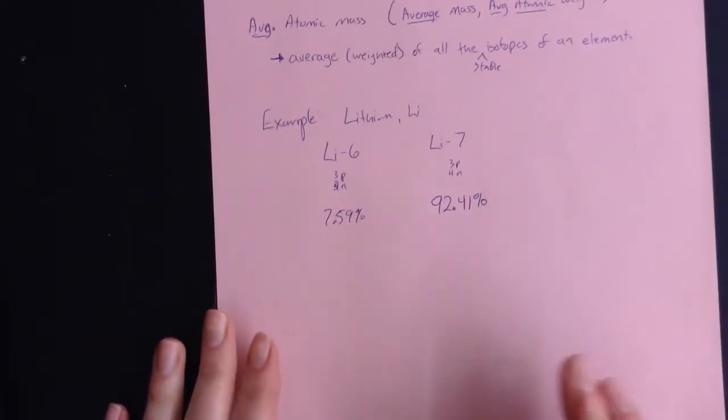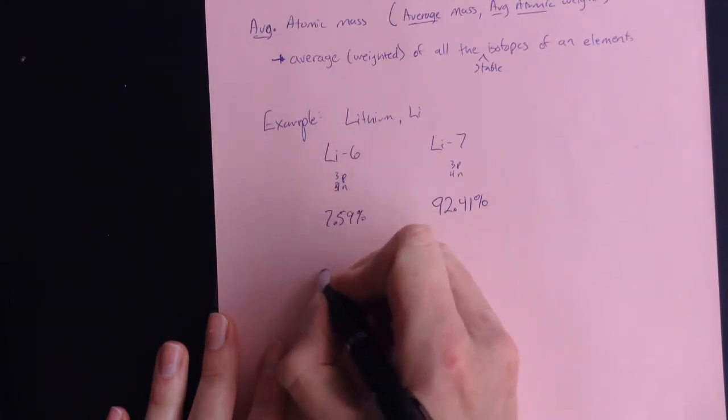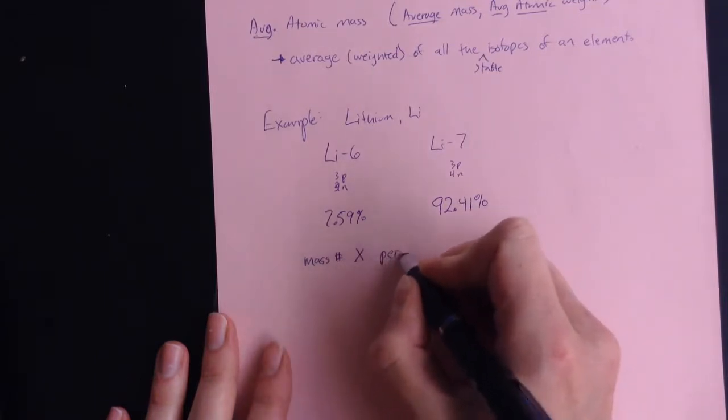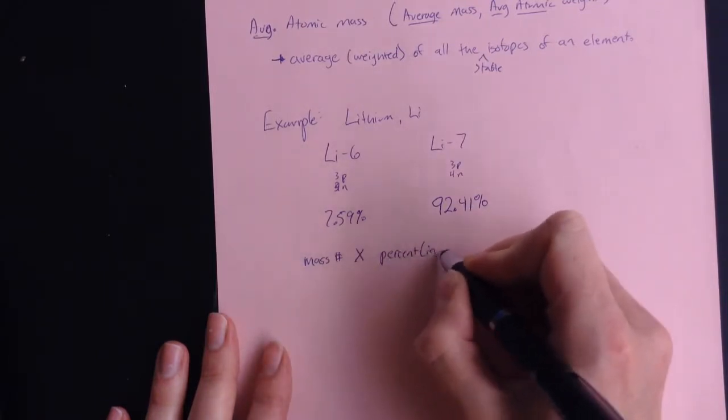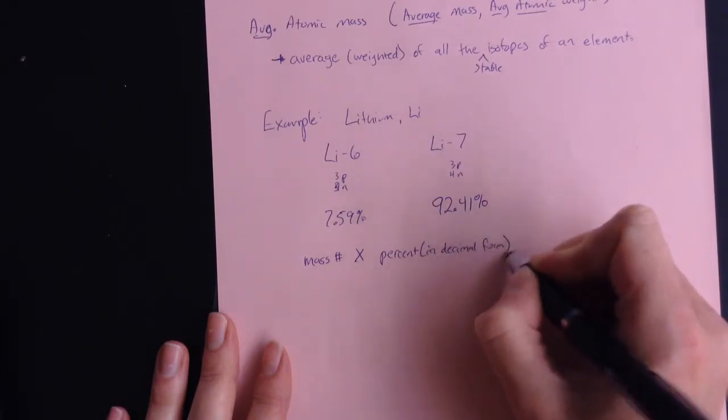So this is what we do to find the average atomic mass of lithium. We're going to take the mass number and multiply it by the percent, but we have to put it in decimal form. Now, think back to math class.